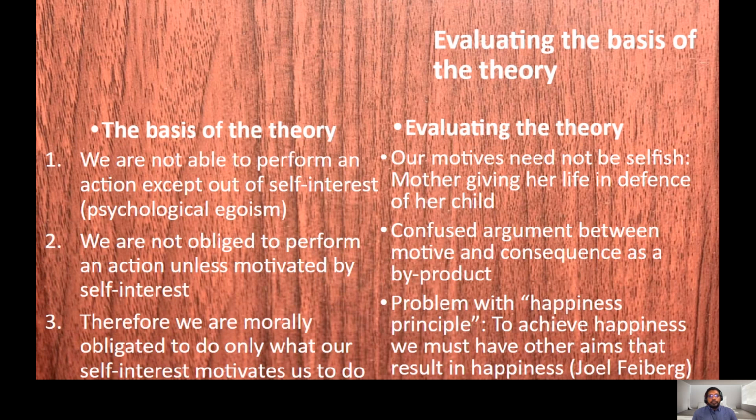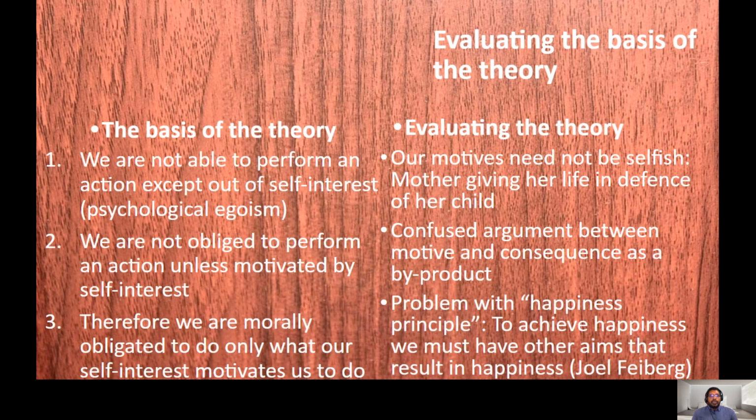Now, the ethical egoists are confusing motives with consequences. The mother takes care of the baby not because she wants to get happiness out of that action. She takes care of her baby in an altruistic way, but as a natural consequence, she derives her own happiness.